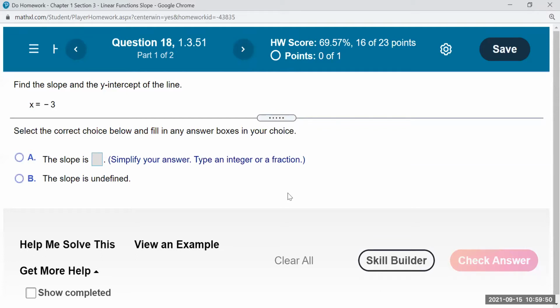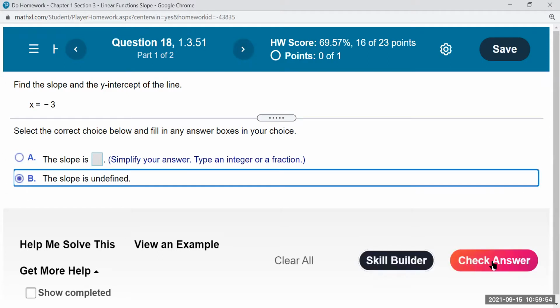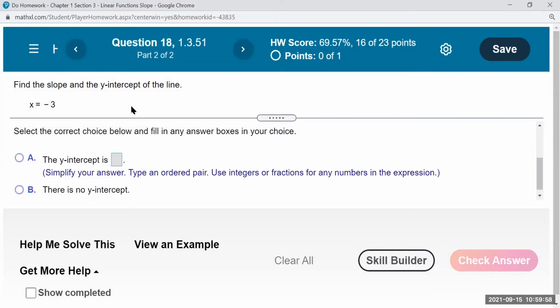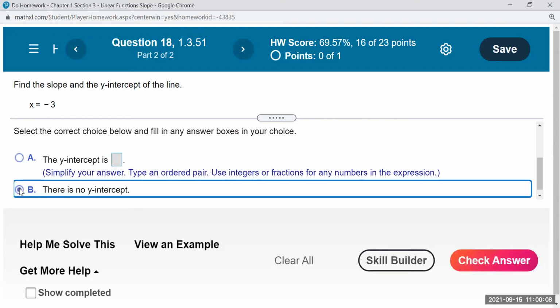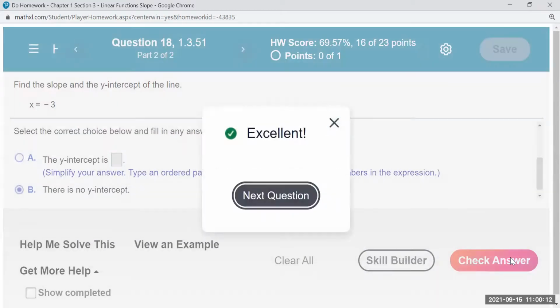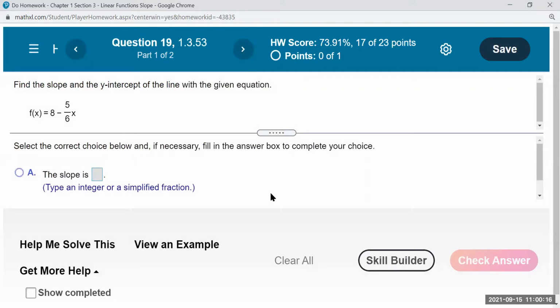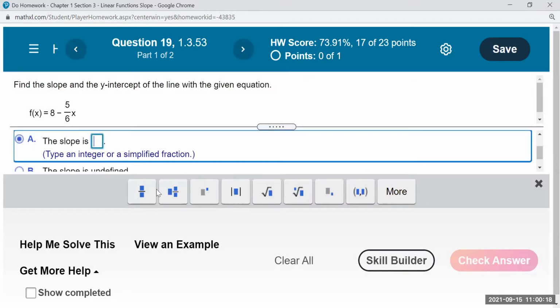What's the slope here? Very good. It's no slope because there's no y value. What's the y-intercept? Since you don't have a y in the function, you cannot have a y-intercept. If there's no y in the function, you cannot have a y-intercept. What's the slope here?